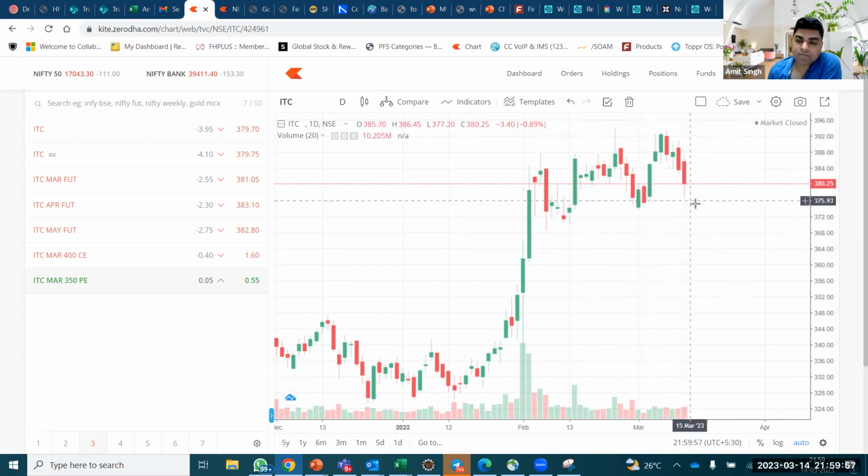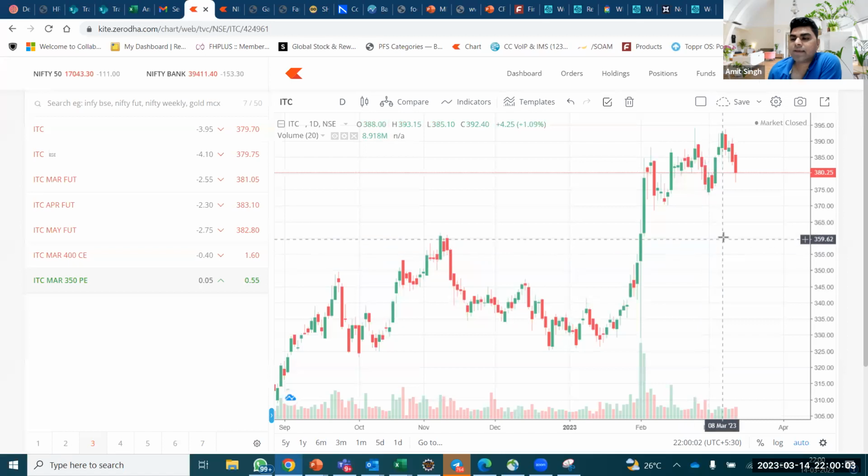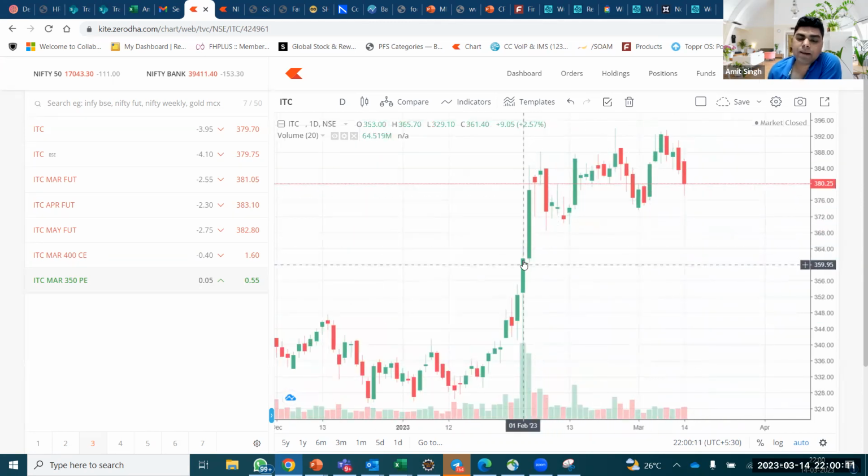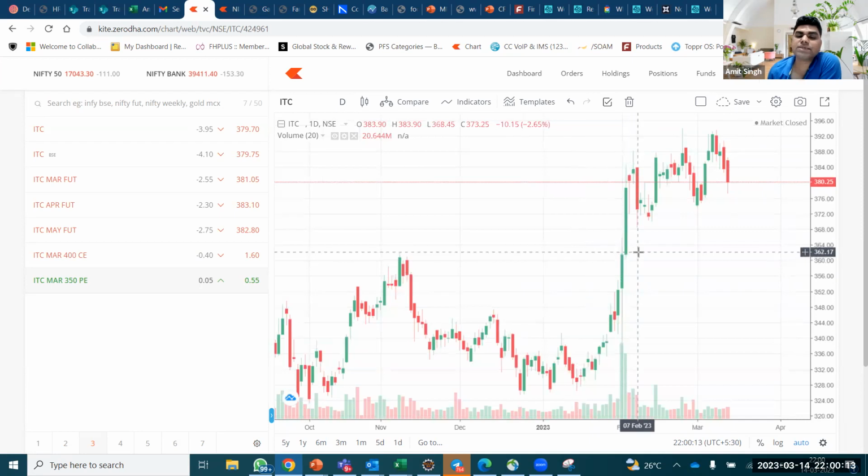But whenever it reaches 374, we can see a fall which can take it all the way back to 360, because 360 is a strong support right now, because from here only buyers emerge, which means a lot of big people have entered at this position.